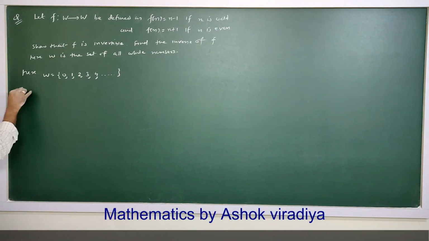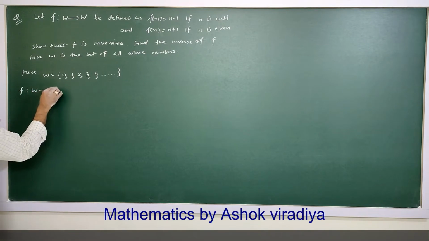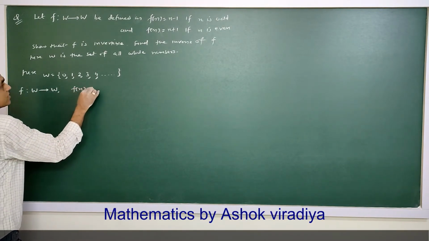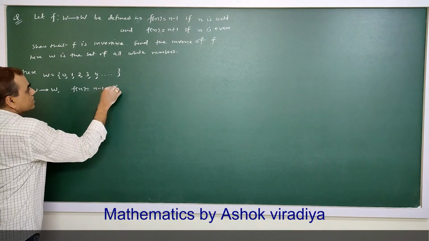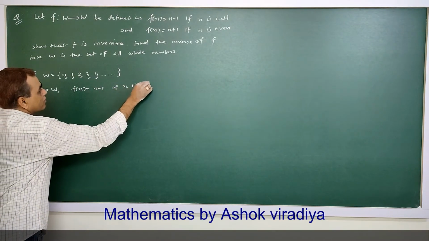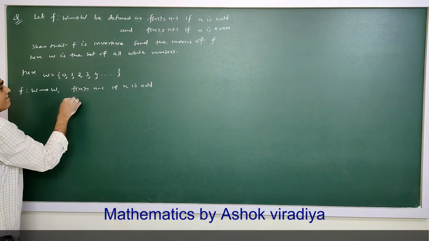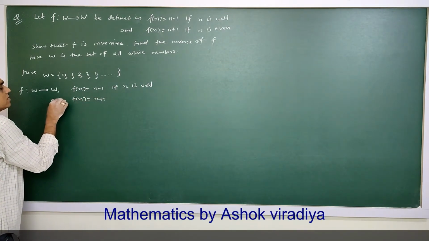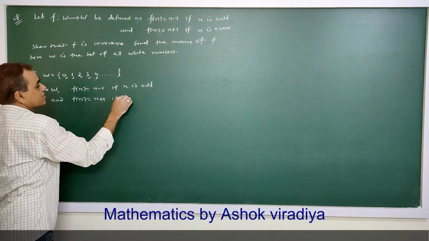The function is from W to W, f of n is n minus 1 if n is odd, and f of n is n plus 1 if n is even.